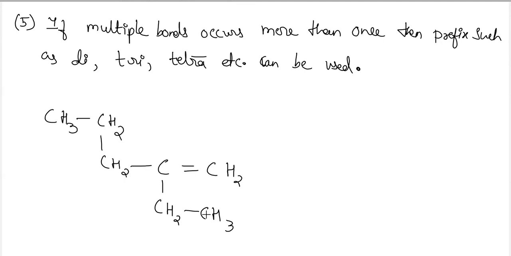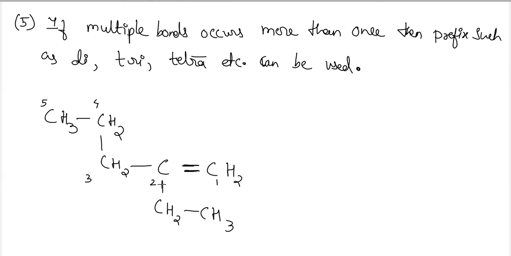Here you can see that the longest chain will be 1, 2, 3, 4, 5, 6. But as a double bond is present, meaning a multiple bond is there, in order to include this multiple bond in our root chain we will count the chain from this carbon atom: 1, 2, 3, 4, 5.